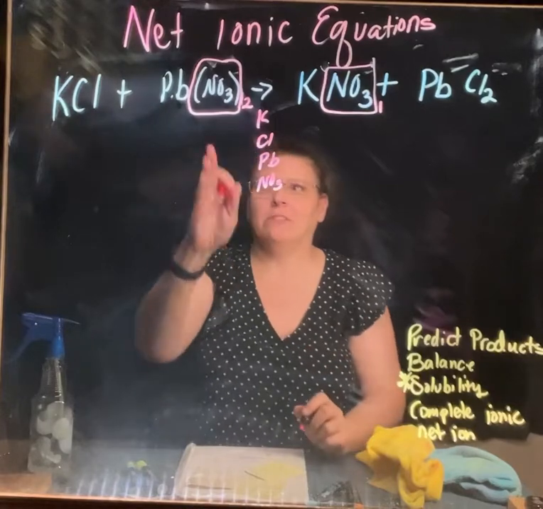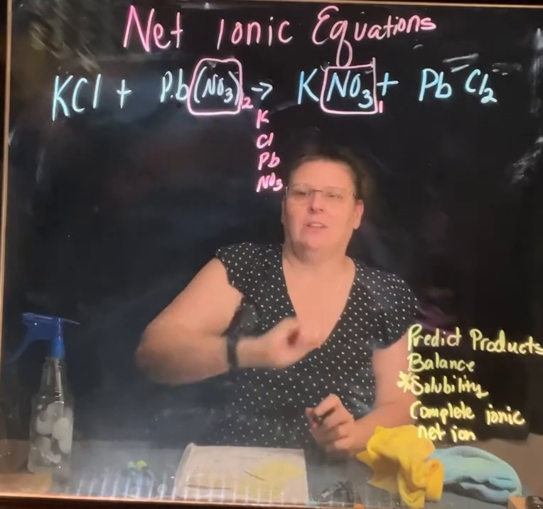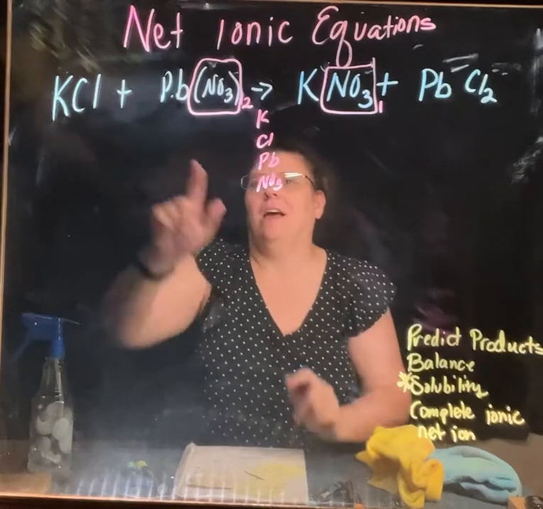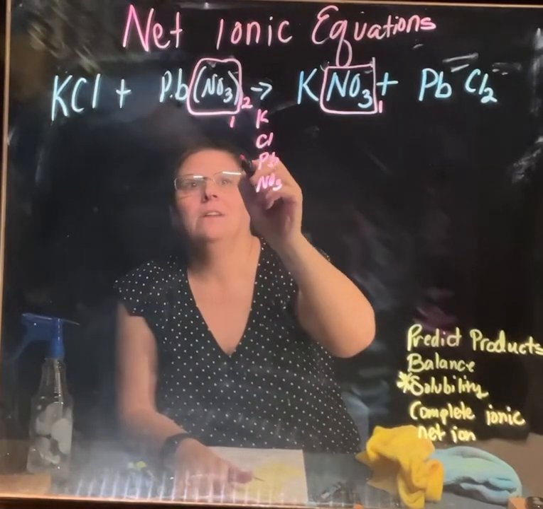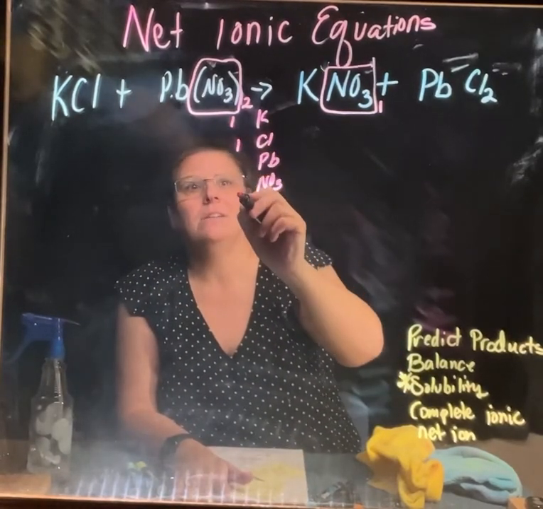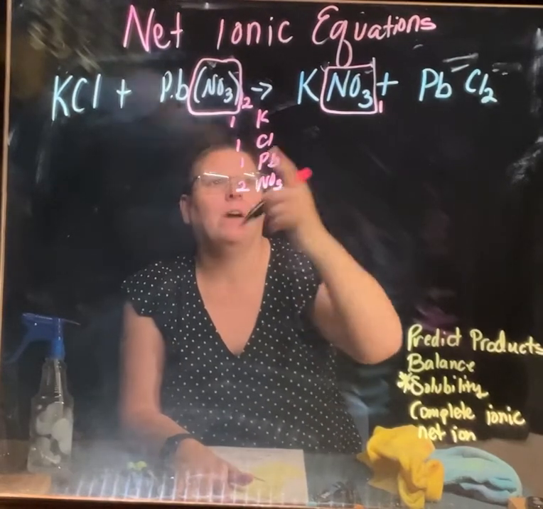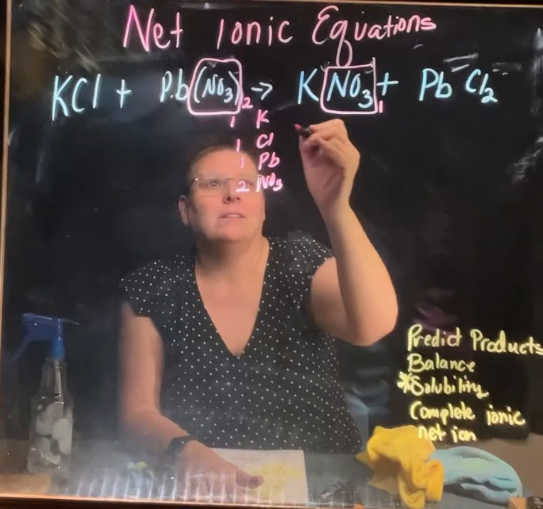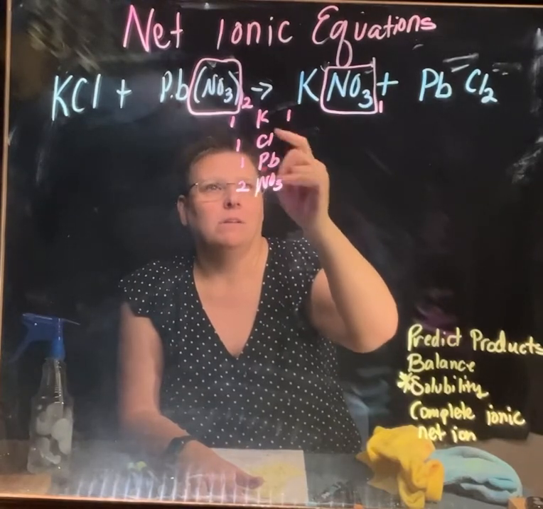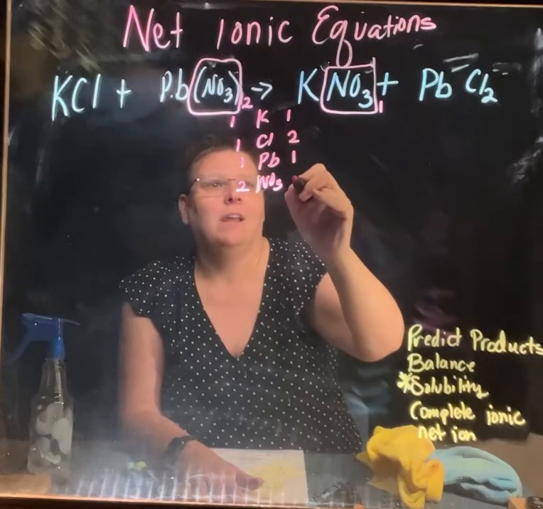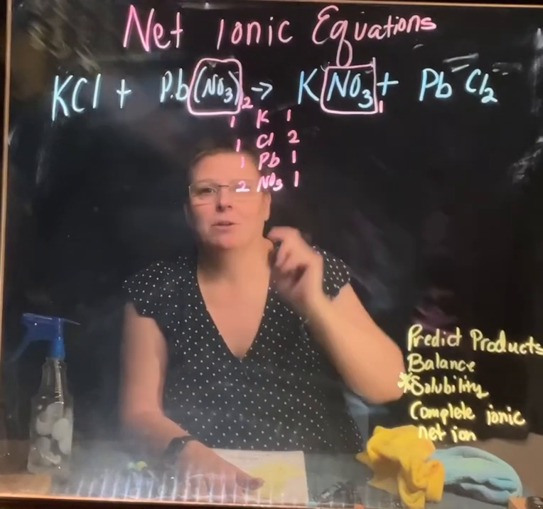Now that only works if you have nitrate on one side and nitrate on the other side. So you start balancing it out. I have 1 K, 1 Cl, 1 lead, and 2 nitrates on this side. On the product side, I have 1 potassium, 2 chlorines, 1 lead, and 1 nitrate because of that subscript right there.